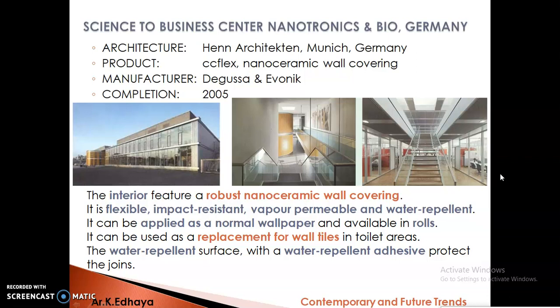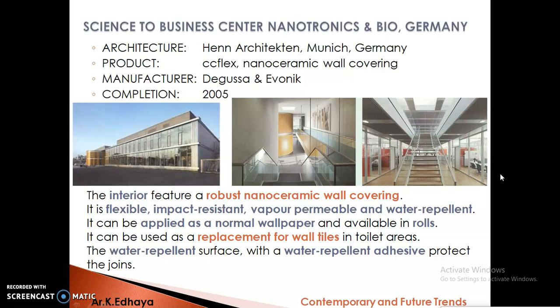These coverings are flexible and water repellent also. They can act as vapor permeable and impact resistant surface coatings. So it can be applied just like a normal wallpaper. These are available in rolls. And the actual product is CC Flex Nano Ceramic Wall Covering.